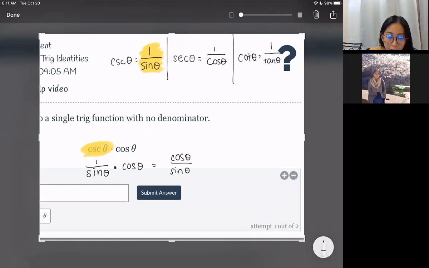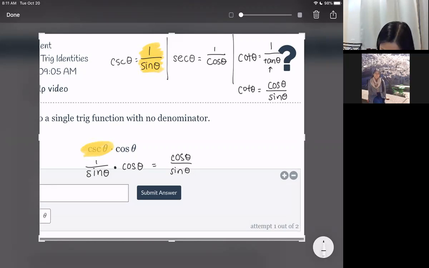Let me just remind you that since tangent is sine over cosine, cotangent is cosine over sine. That is written somewhere in our notes before as well, but in case you don't remember it, here it is again. Cotangent is cosine over sine.